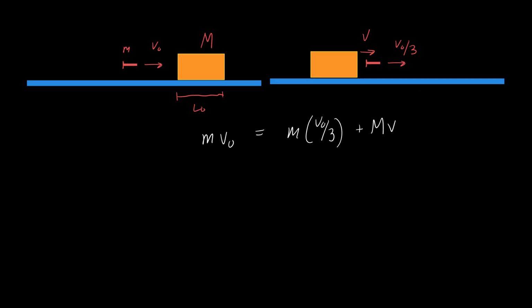So I will subtract the bullet's momentum from both sides and get, let's see, that'd be 2mv0/3, right? And that equals Mv. So I'm going to solve that for v and get 2mv0/3M.